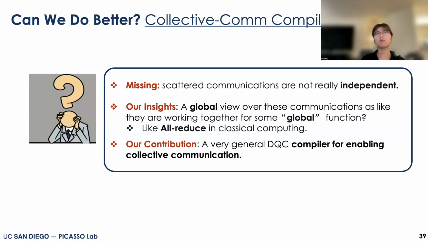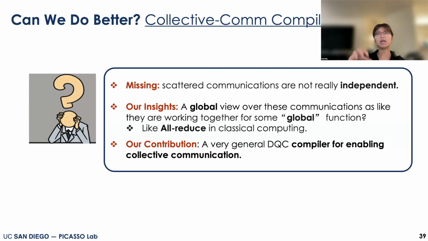Okay. Our work tries to enable a collective communication compiler for DQC. Our key insight is, if you look at these individual remote gates, the previous work is doing their best. But actually they are not independent. A lot of scattered communications are doing some global function together. It's very similar to the all-reduce function in classical computing.